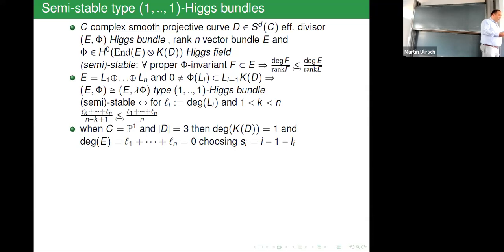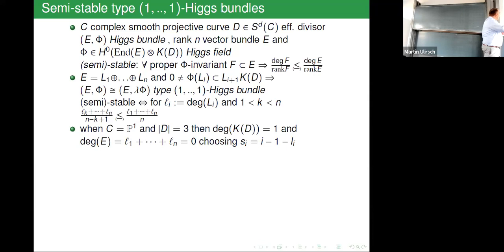And because the Li's have this property that in order for this Higgs field to be non-trivial, you need the corresponding line bundle to have a section.